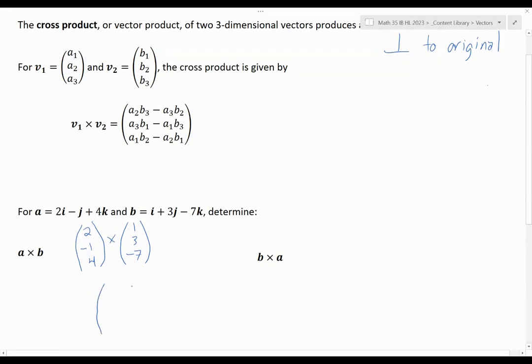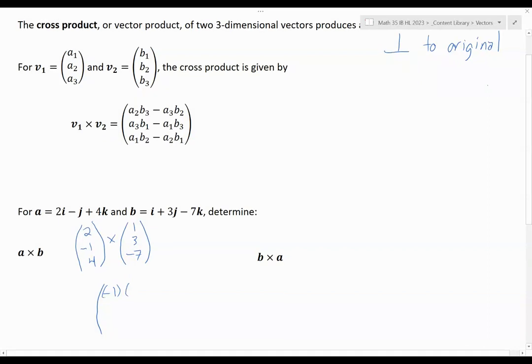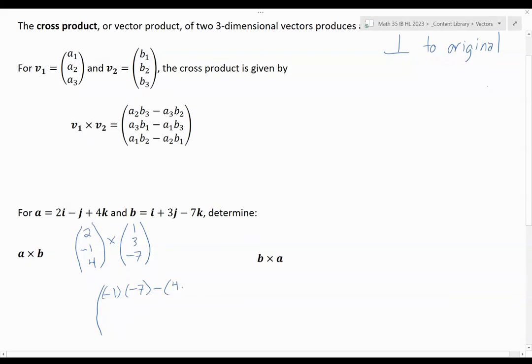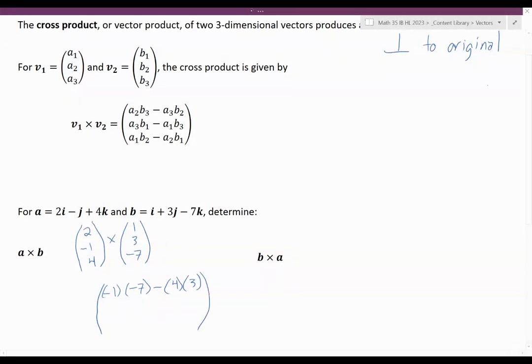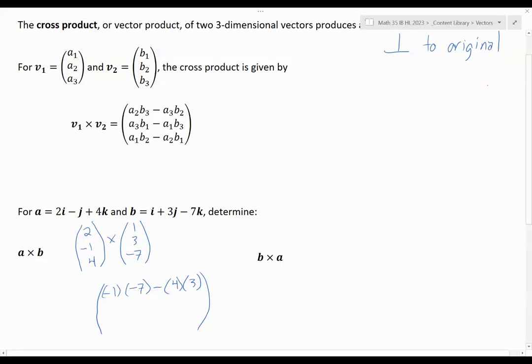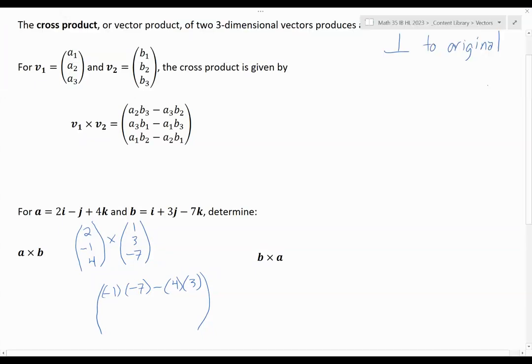For the first component, I'm going to take the second component of the first vector, so that's -1, times the third component of the second vector, so -7, minus, now the other way around, the third component of the first vector and the second component of the second vector. So essentially what I'm doing for this first component is I'm not using the first components, I'm multiplying the -1 and the -7 and subtracting the 3 and the 4. So that's how this first component is going to be determined.